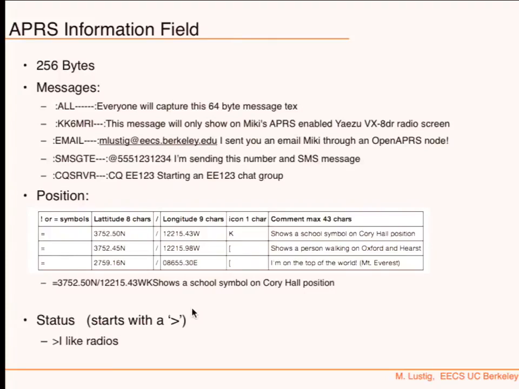For example, "I like radios," or you can send a status message that you're monitoring 146.520, so if somebody sees the APRS packet, they can call you on that frequency. It's like your Facebook status, right? You know what a status message is. It's like, I feel good, I feel drowsy, I feel sleepy. You know that. Any questions?